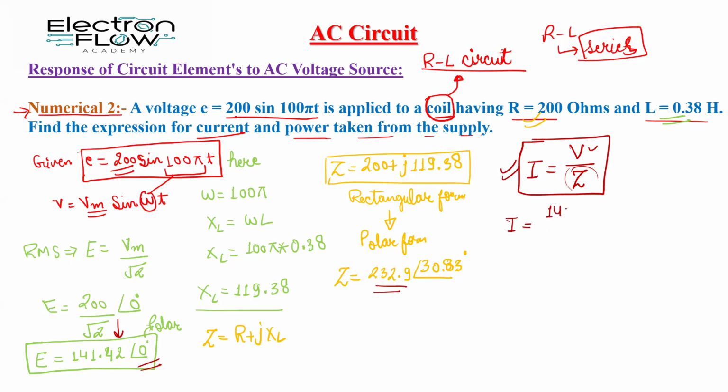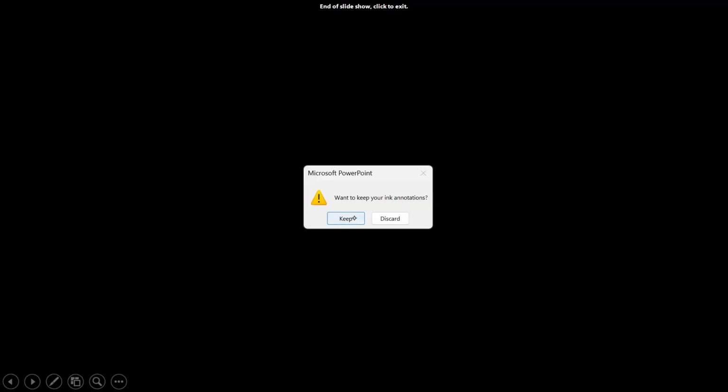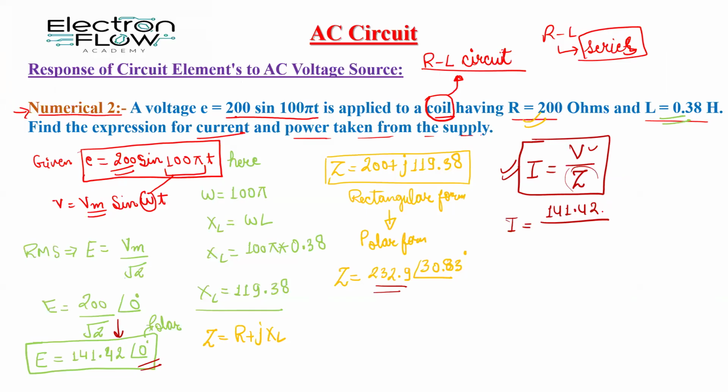Now the value of the current is equal to the voltage, 141.42 at an angle of 0 degree, divided by the impedance, which is 232.9 at an angle of 30.83. So the value of the current is 0.608 at an angle of minus 30.83 degree.